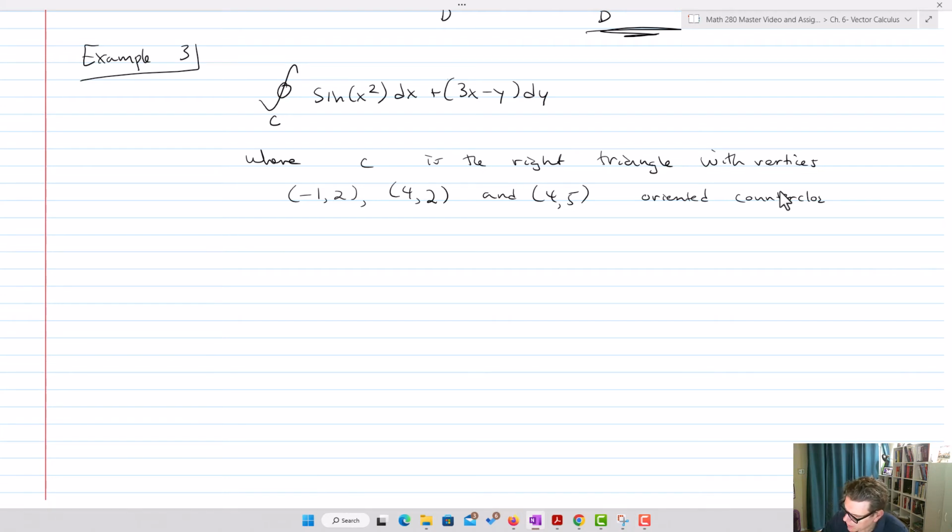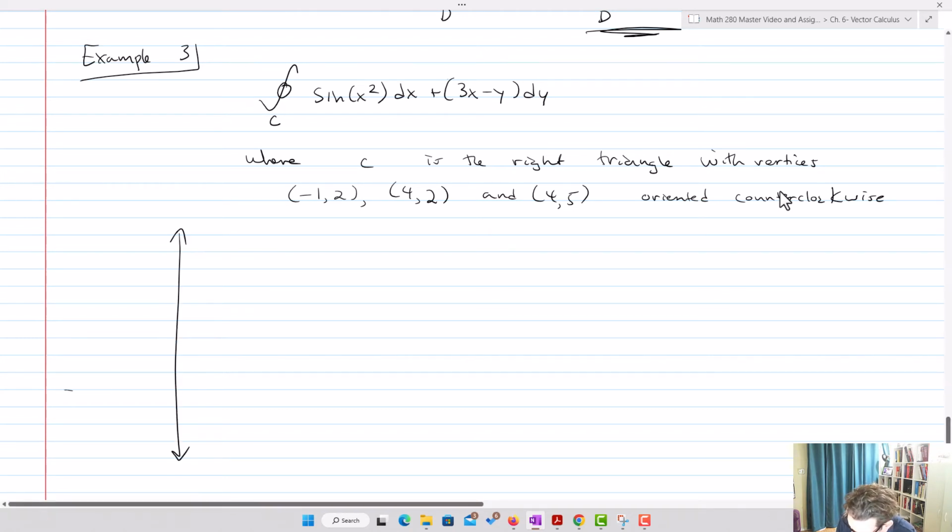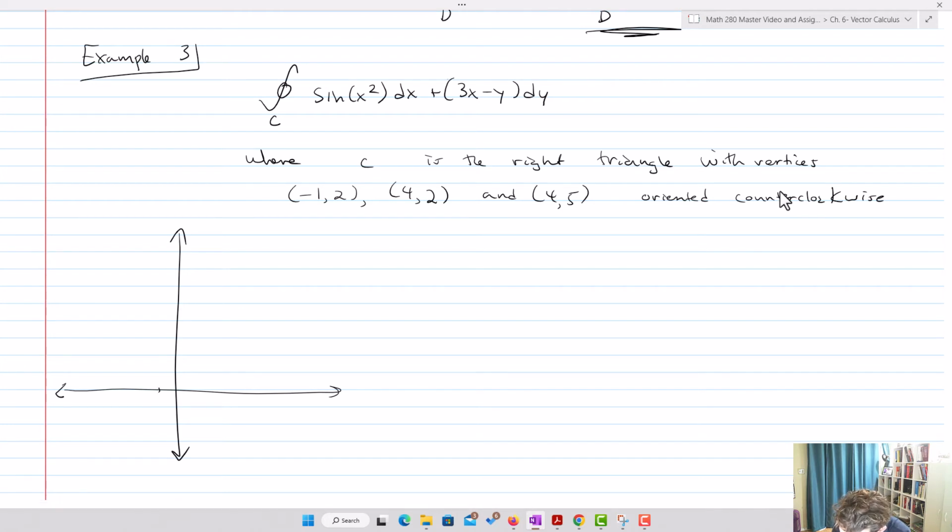So what we're going to be doing here is we've got this triangle, and let's create a little bit of a sketch. It's going to go from (-1, 2) to (4, 2), and then we go to (4, 5). So it's a right triangle.